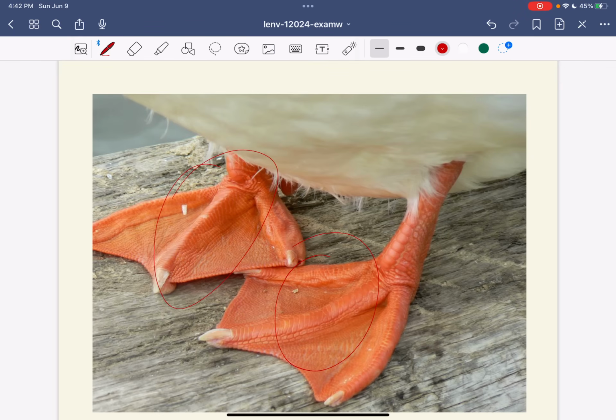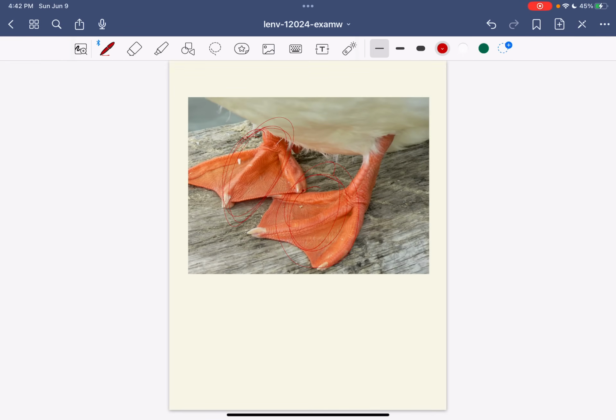Webbed feet is used for swimming. So this bird is a very good swimmer because of its webbed feet. And I'm sure we got the design for flippers from looking at nature and seeing how awesome they are at swimming. So those are favorable characteristics that help it live within its niche.